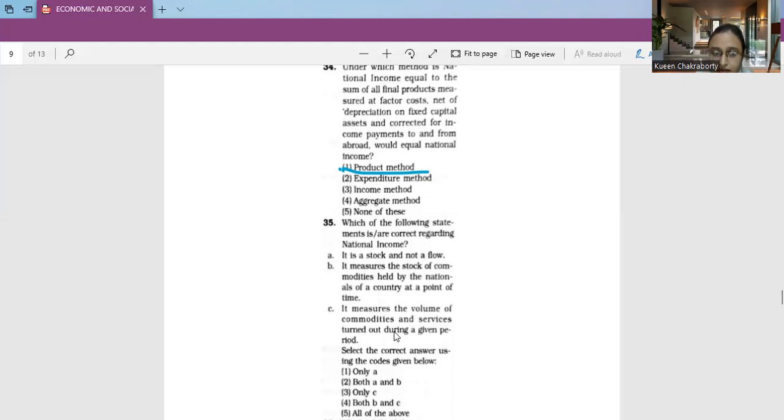National income actually measures the productive power or the purchasing power of an economy in a given period to turn out goods and services for the satisfaction of human wants. So only option C is correct, which is marked in option number 3, that is only C. I will be marking option number 3, only C, as the correct answer.